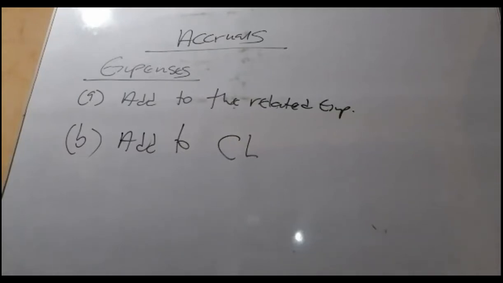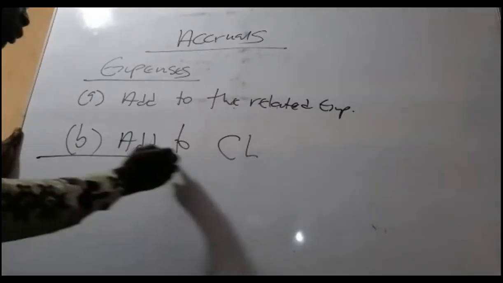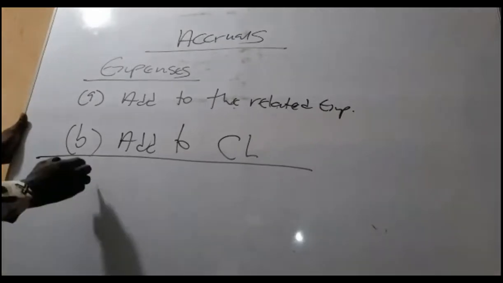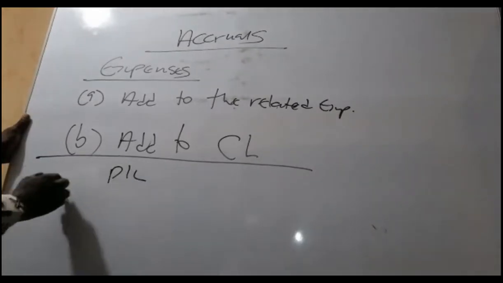A critical example is the interest owing, the one that we just saw. So going back to the interest owing section, when you go to the P&L, add it to the related expense.